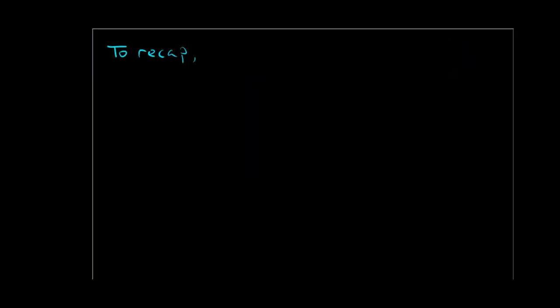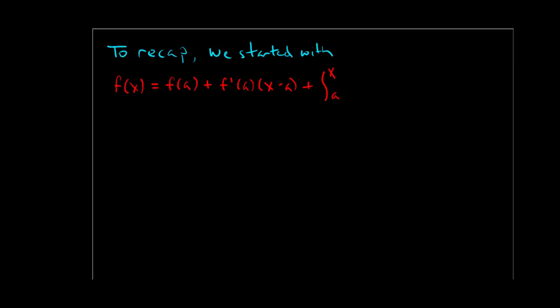So that's pretty cool. Let's recap what we just did. We started with our equation f of x equals f of a plus f prime of a times x minus a plus the integral from x to a of x minus t times f double prime of t dt. Remember, that's our integral expression for the remainder term. And what did we do?